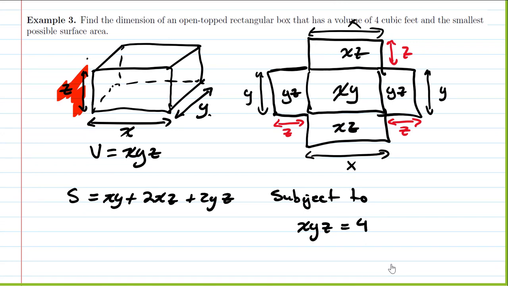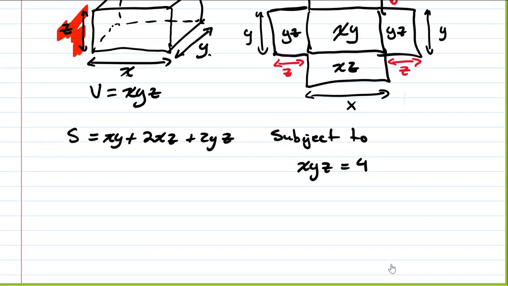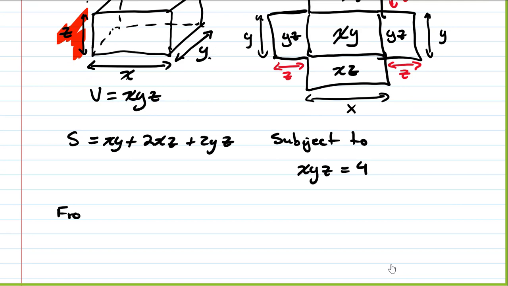And we found that x and y both equal 2 and z equals 1. So from examples 1 and 2, we have x equals 2, y equals 2, and z equals 1. So the dimensions of the box would be 2 by 2 by 1, and that would make the box with the smallest surface area that has exactly a volume of 4 cubic feet.